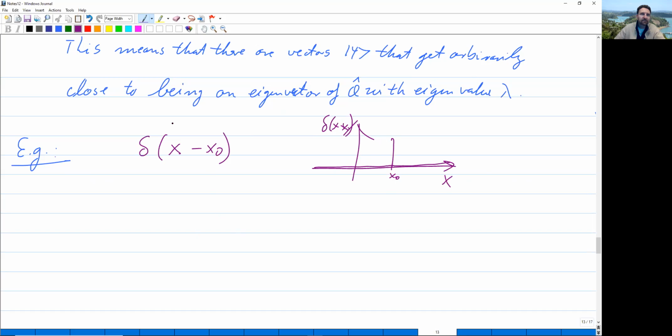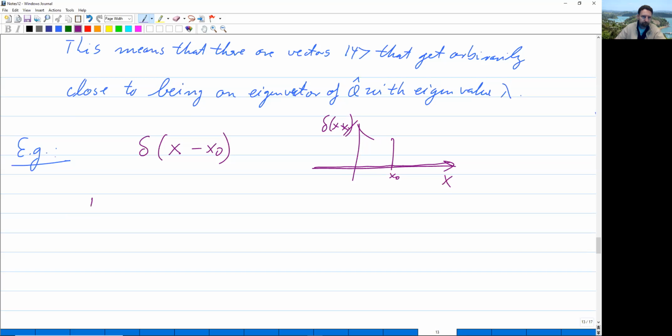And of course, this thing is not normalizable. You can't integrate over the square of the Dirac delta function. It's just not defined. You can integrate over the Dirac delta, but in order to normalize this, you would have to square it, right? You have to take the vector and square it in order to get the norm of it. Can't do this.